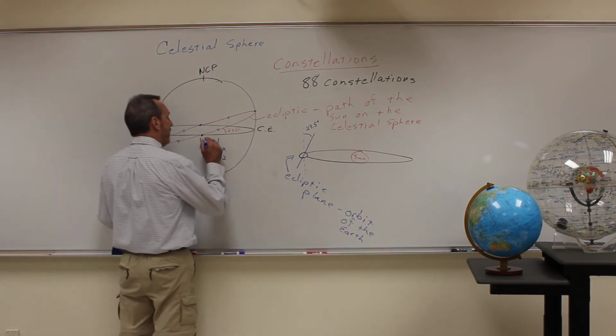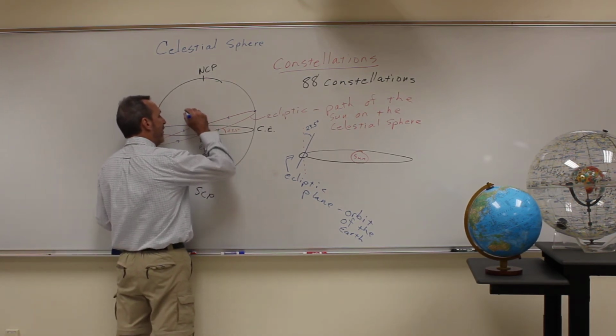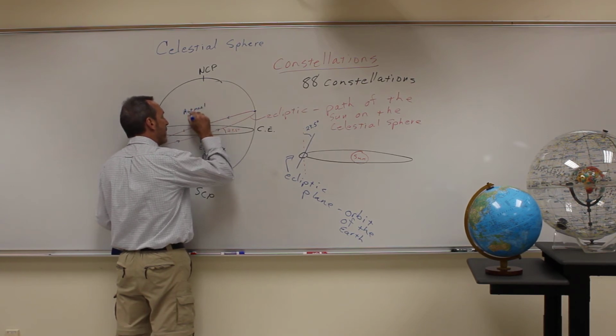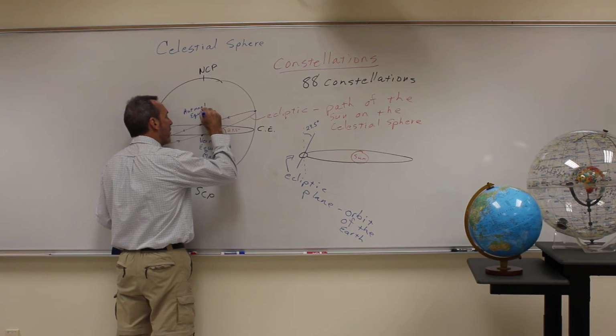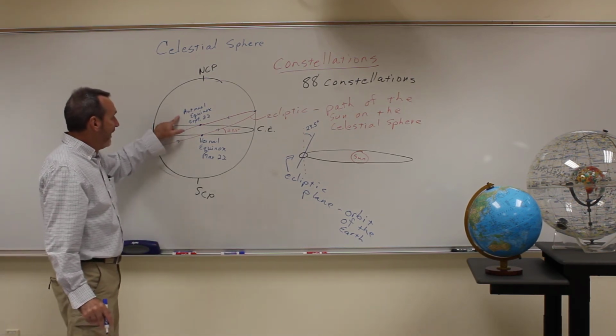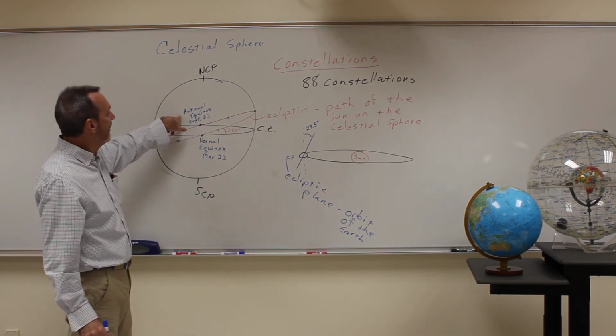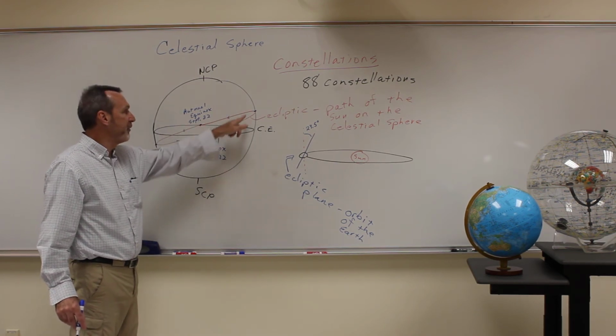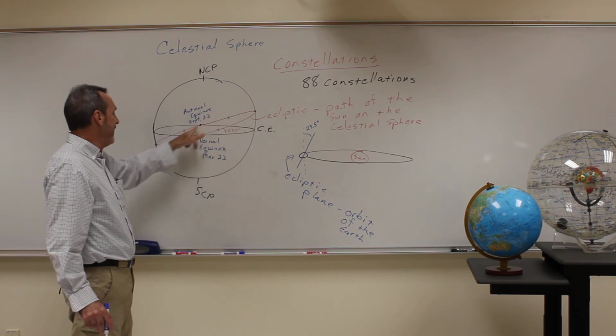All right, 6 months later, over here, we have what we call the autumnal equinox, which is September 22nd, 21st, somewhere around there. The autumnal equinox occurs when the sun is actually going lower in the sky. So it goes from its highest point to the north, and it's heading south.